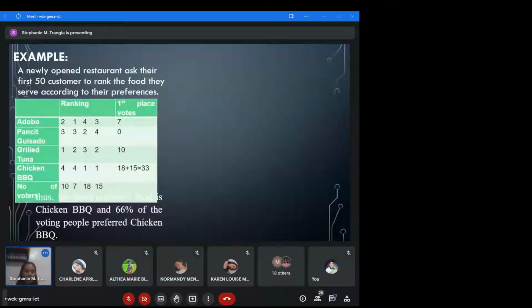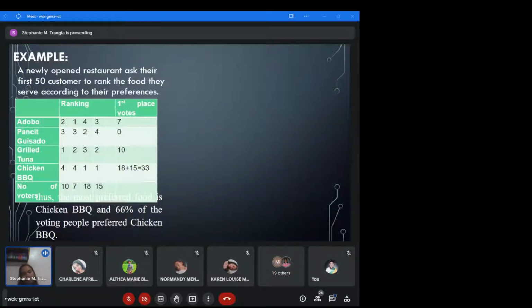Now, for the adobo, 7 people gave first place votes. For pansit gisado, there is no first place vote, so that is why 0, in the last column. For grilled tuna, 10 people gave first place votes.